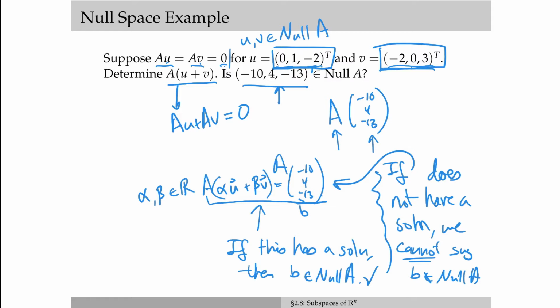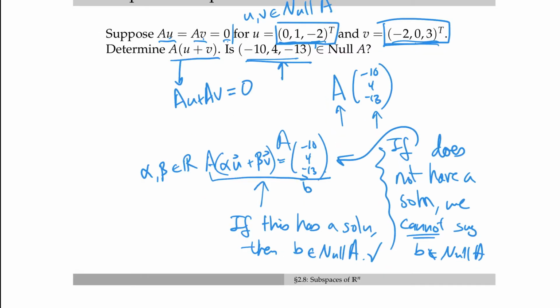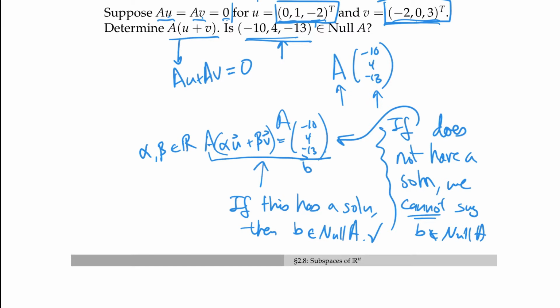So without further ado, let's actually determine if this is a linear combination of u and v. So the question is, is B an element of the span of u and v? Well, that's the same thing as forming an augmented matrix with u, v, and b. Right? Can I jump that far of a jump right now with y'all? I hope so. All right, so let's make this augmented matrix up.